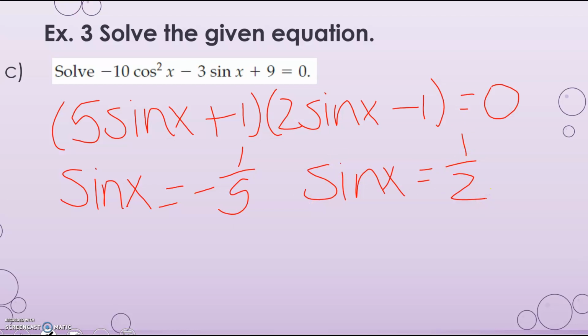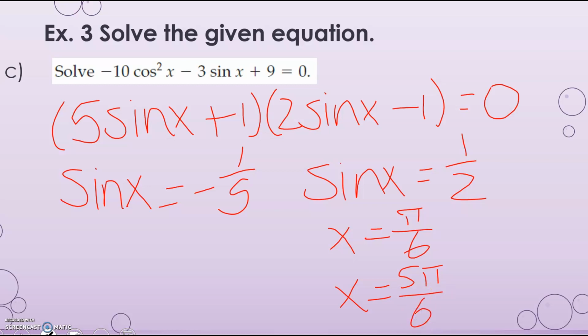Now let's think about where sine x equals 1/2, because this is a special ratio. I know it's 30 degrees, or pi over 6, and sine is positive in both the first and the second quadrant. So x equals pi over 6, and x equals 5 pi over 6.